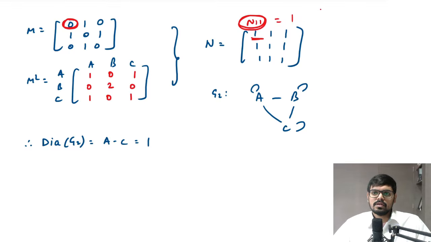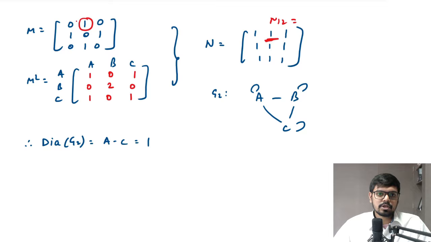Similarly for the next, N12 is 1 if either here you see greater than 0 or here you see greater than 0. We can see here greater than 0, therefore this is 1. Similarly for every position check. For 1,3, here it is greater than 0, therefore 1. For 2,1, here it is greater than 0, so 1.